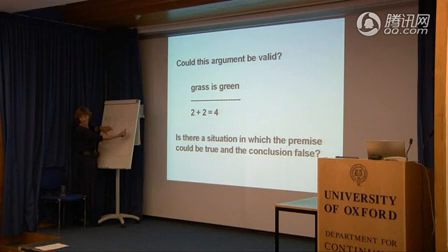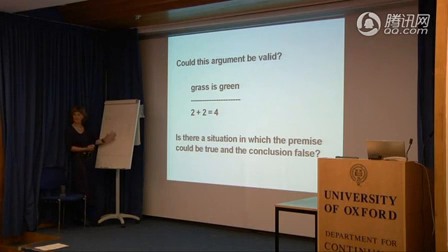Is this a situation in which the premises are both true and the conclusion false? No, because the premises are both false and the conclusion true, the other way around. And what about this? The premises are both false and the conclusion false, so that could also be valid. So as you'd expect, that argument is valid.